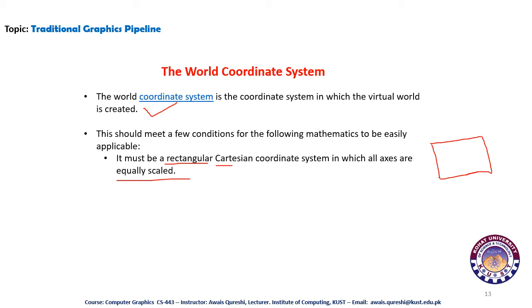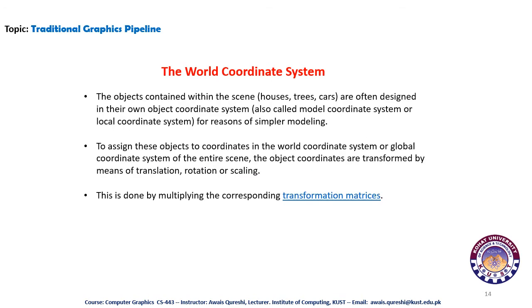The simple coordinate system is the Cartesian coordinate system, and the other system is called the polar coordinate system. It must be a rectangular Cartesian coordinate system in which all axes are equally scaled. Okay, you see each part is equally scaled. That's why it is a rectangular Cartesian coordinate system.